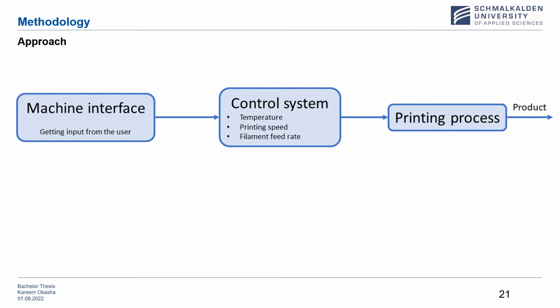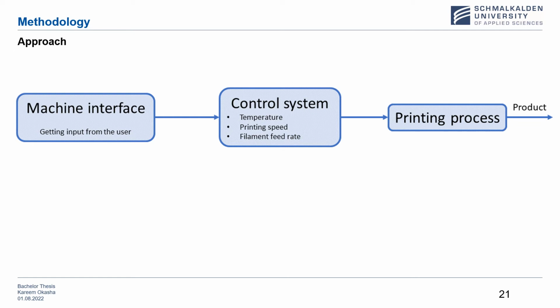Presented here is the normal workflow of the printing process, where it begins with the machine interface in order to get the input from the user and information about the print. And then this information would be passed through our control system, which would control the printing parameters. Three printing parameters were chosen to be controlled in this thesis, which are the temperature, printing speed, and filament feed rate.